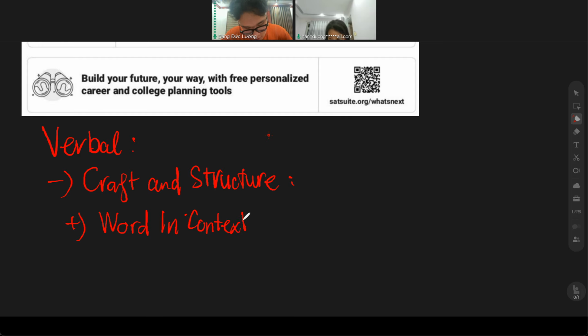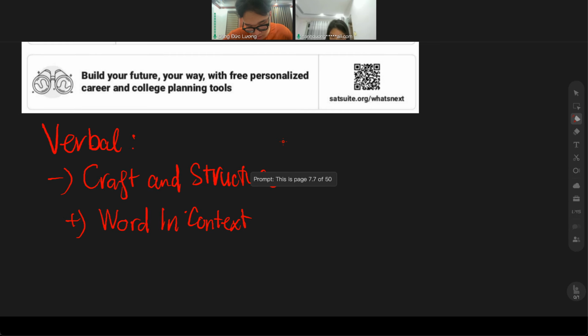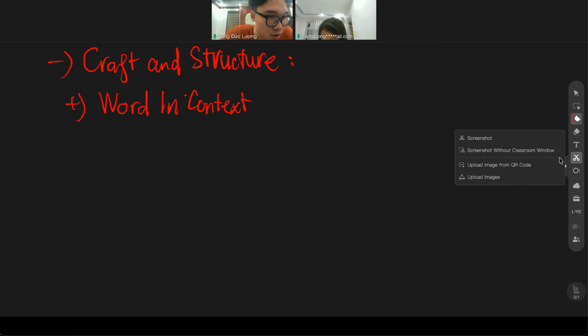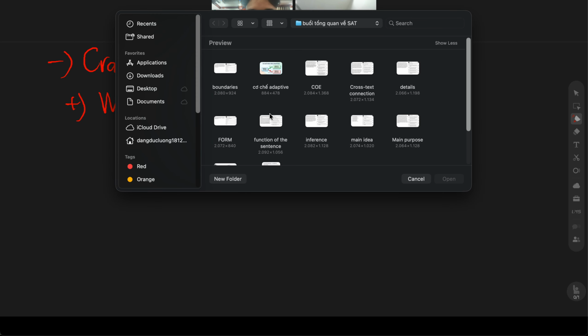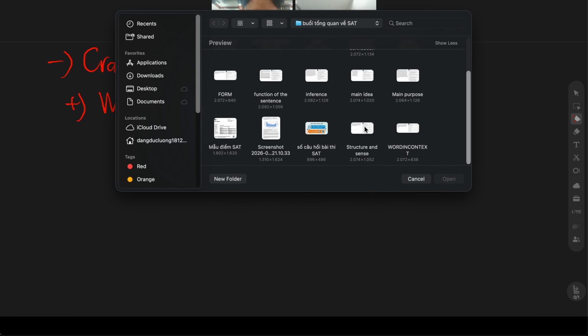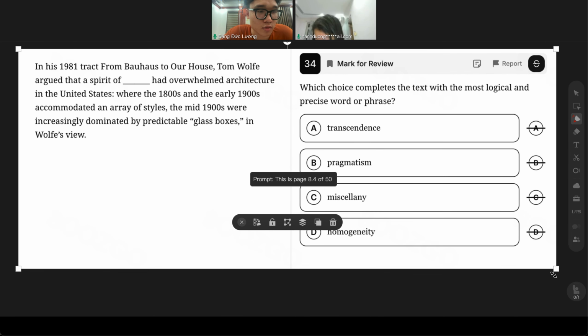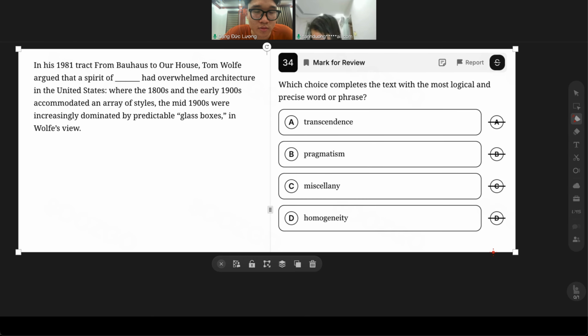This kind of question I already mentioned to you in the last lesson. Do you remember it? Okay. Here I will take you through an example of a words in context question.